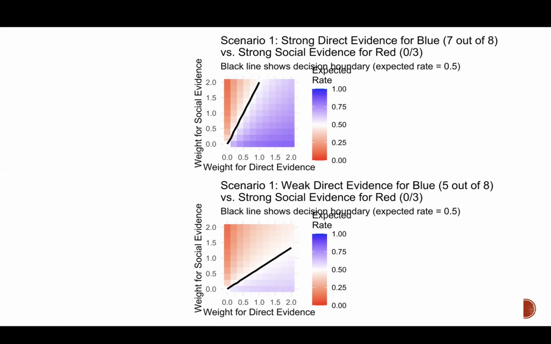Why am I spending words on this? Because these should give us another representation of the fact that the two sources of evidence count for different weights, or not for different weights, but they bring different strength of evidence. So that if we have 7 out of 8, it will count for more than almost even 0 out of 3 for the social evidence.